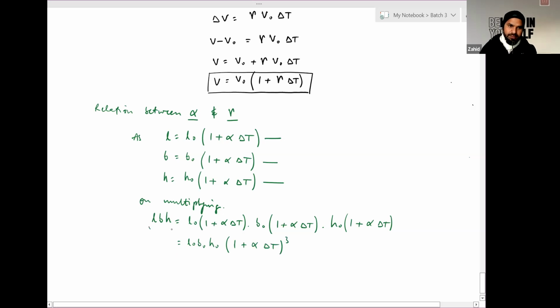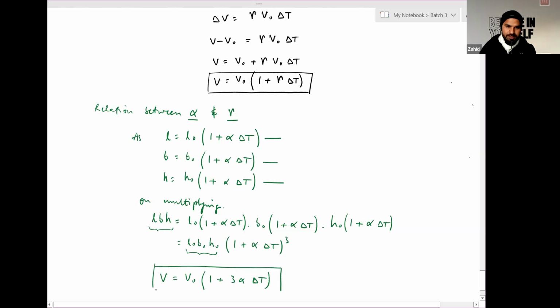This product gives final volume, and this is initial volume. So final volume equals initial volume times 1 plus 3 alpha delta t according to the binomial theorem.